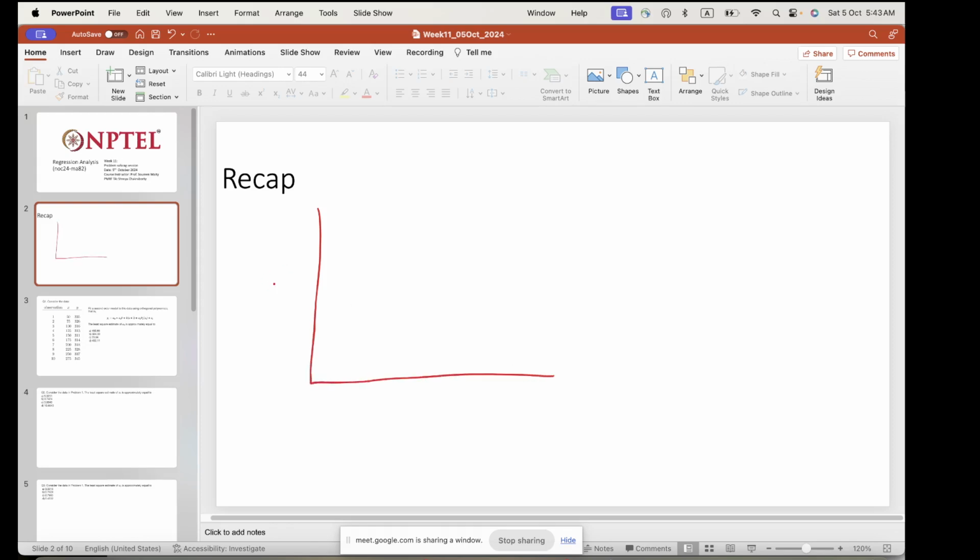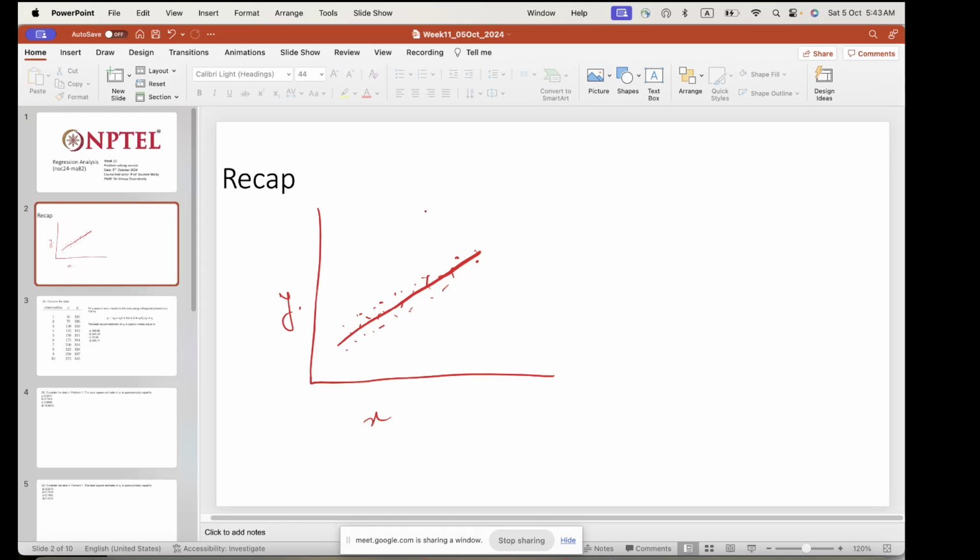So far we have modeled a relationship between x and y where, in simple linear regression or multiple linear regression, we could fit a straight line to the model.